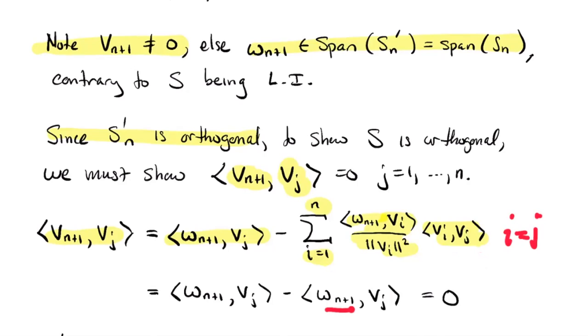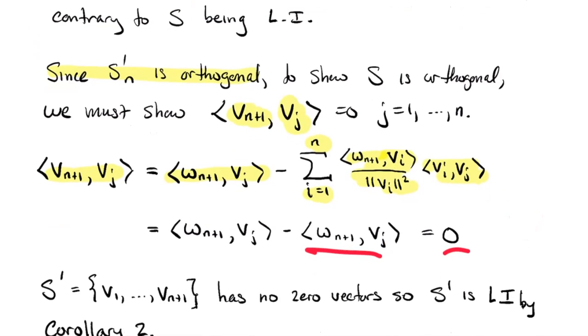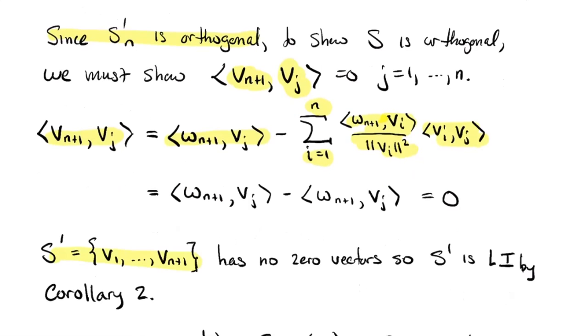I'm going to get Wn plus 1 Vj's inner product, length of Vj squared times 1 over it times itself. They'll cancel. So I just end up getting the inner product of Wn plus 1 with Vj minus itself. That's 0.